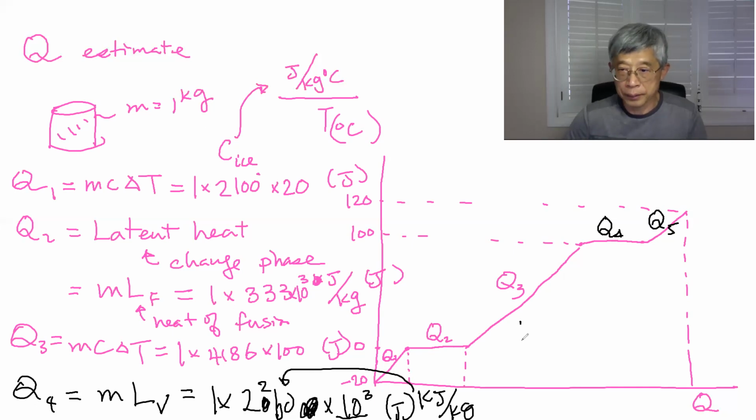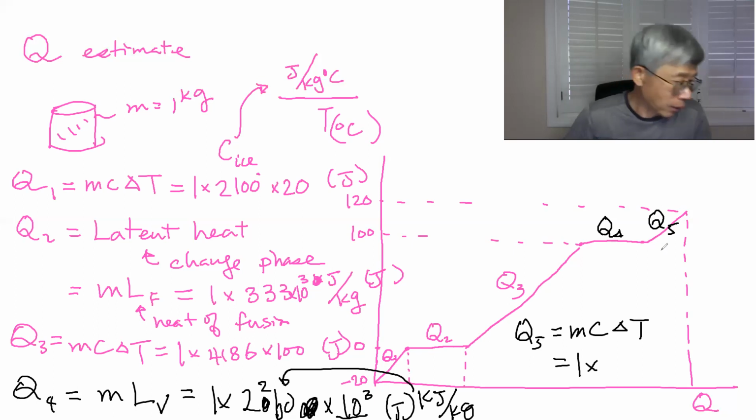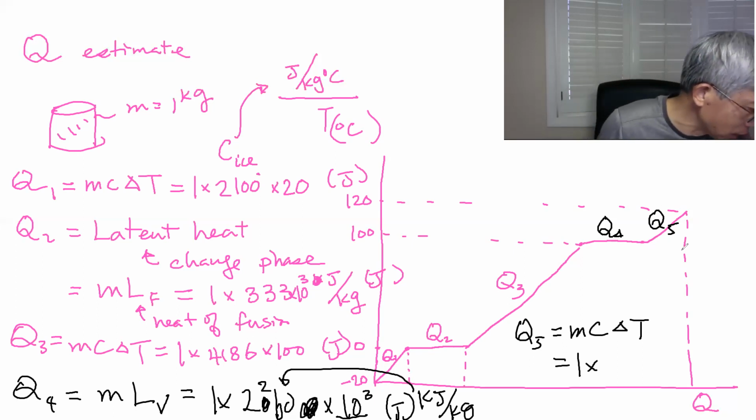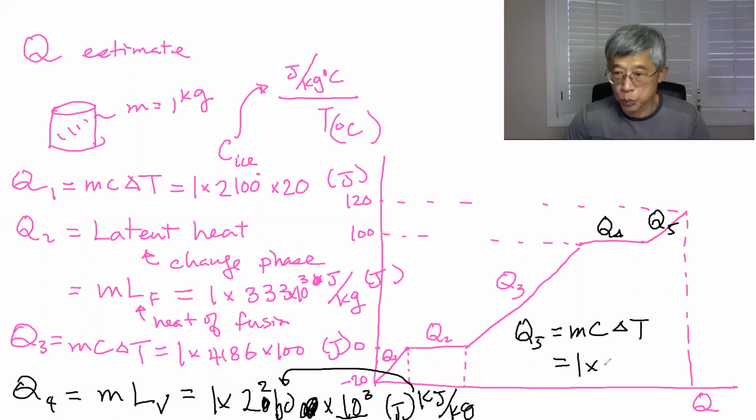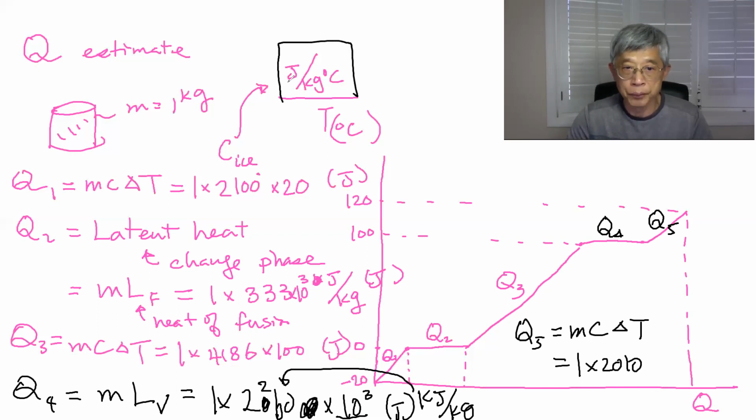And then you have Q5. Q5 is going to be MC delta T again. This is 1, and then C is for the vapor, which is 2010. The unit is already in joule, while LV is listed in kilojoule.